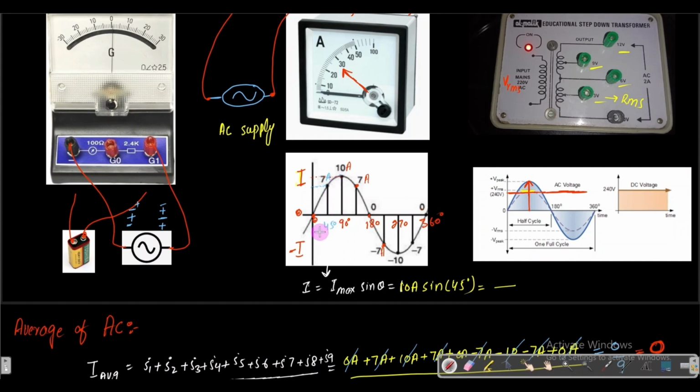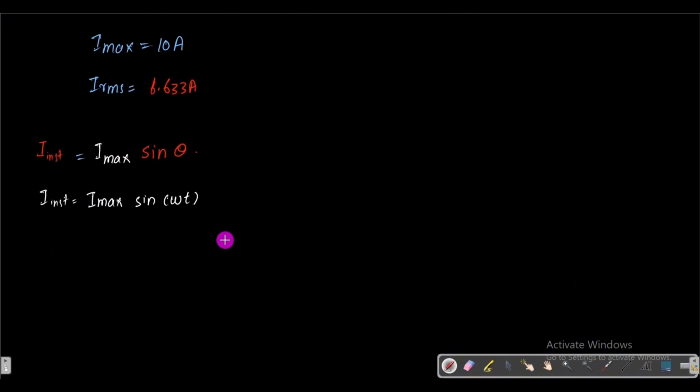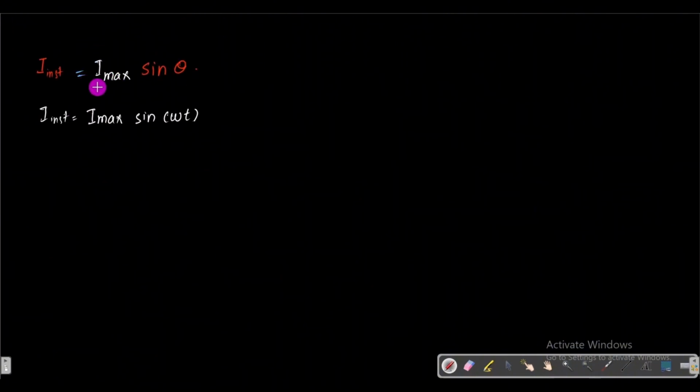This is the formula for finding the instantaneous current, and a similar formula is used for finding the instantaneous voltage, which is equal to the maximum voltage into sine theta or sine omega t. Here I have written I instantaneous is equal to I max sine theta, and instead of theta I put omega t.